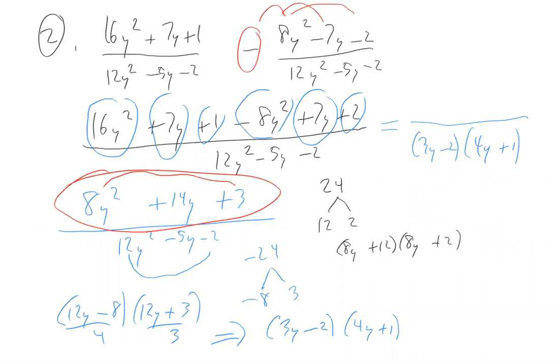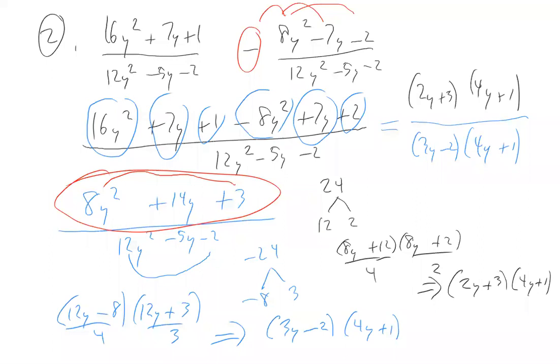But then I need to eliminate a common factor of 4 and 2. That leaves me with a new result of 2y plus 3 and 4y plus 1. So I have 2y plus 3, 4y plus 1.